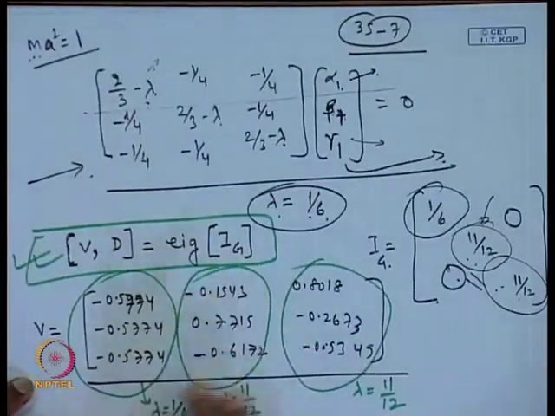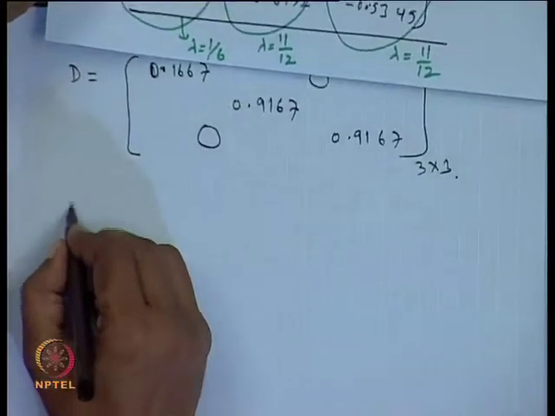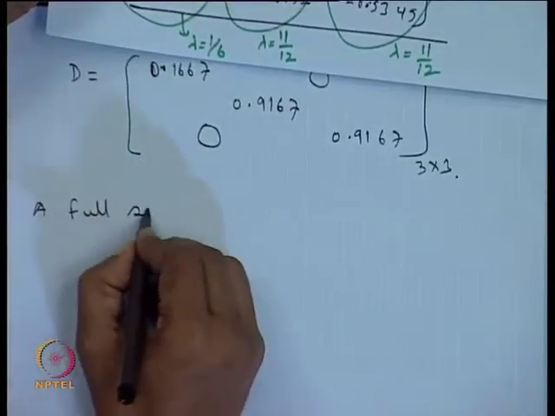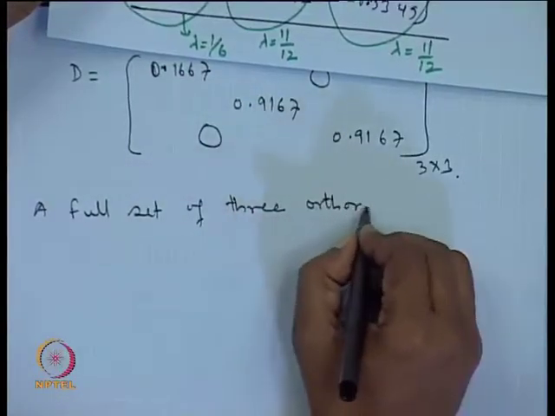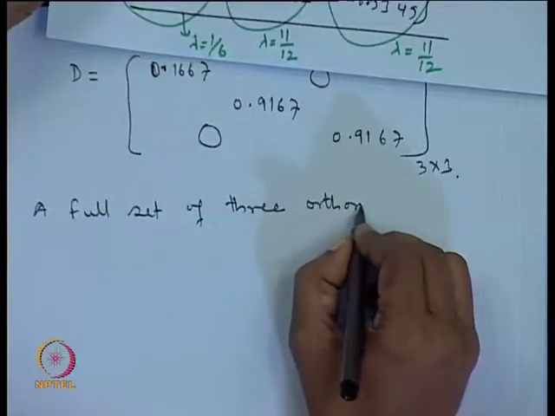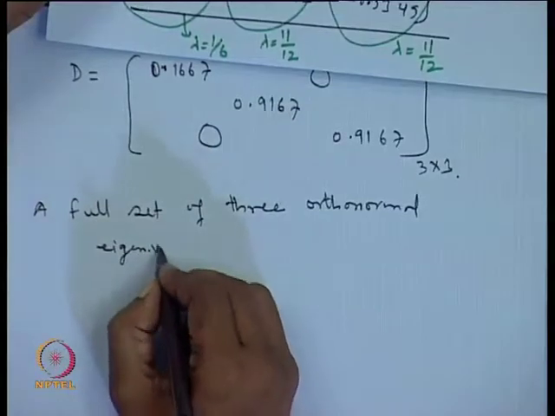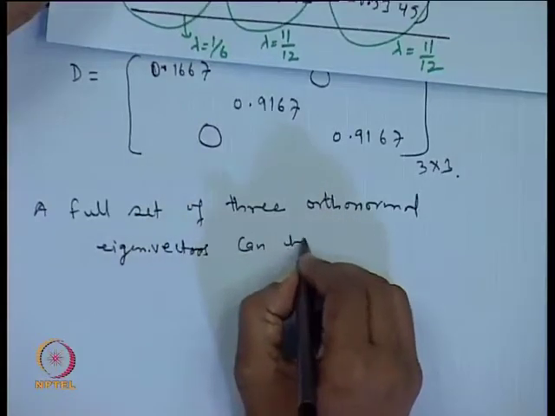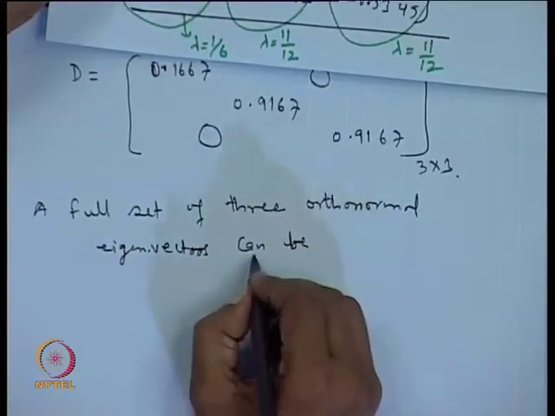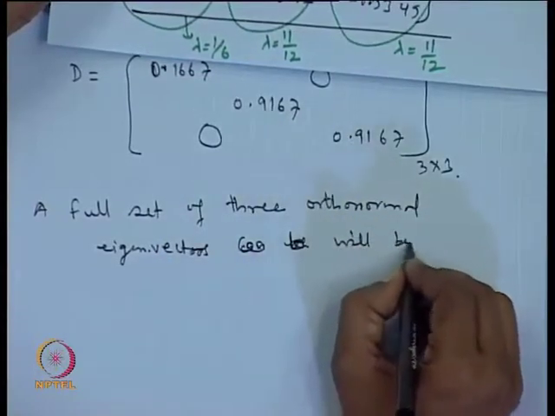You will get the eigenvalues and also the eigenvectors. Now, as we listed in the properties of the real symmetric matrix, we stated that a full set of 3 orthonormal eigenvectors will be available.